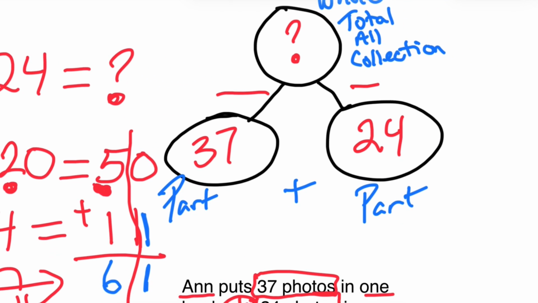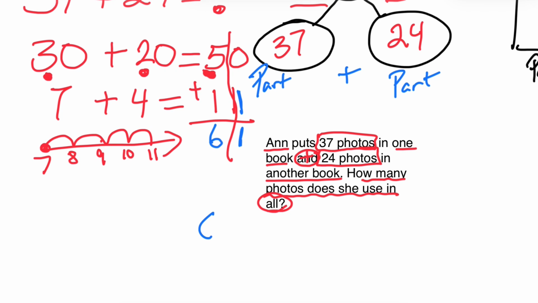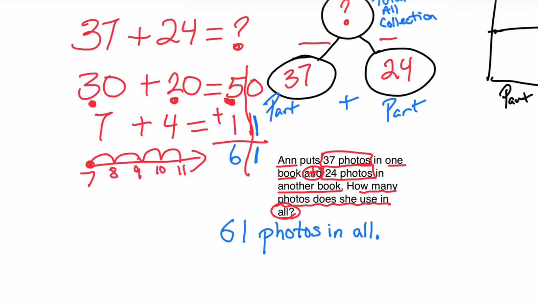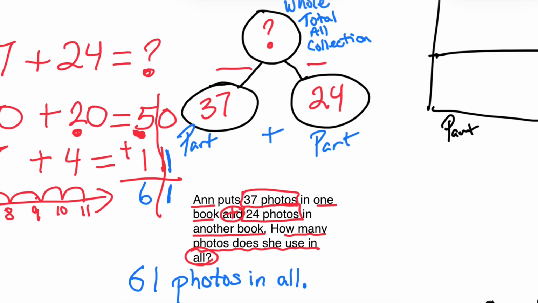So that means Anne has 61 photos in all. This makes sense if I were to put 61 in my number bond.